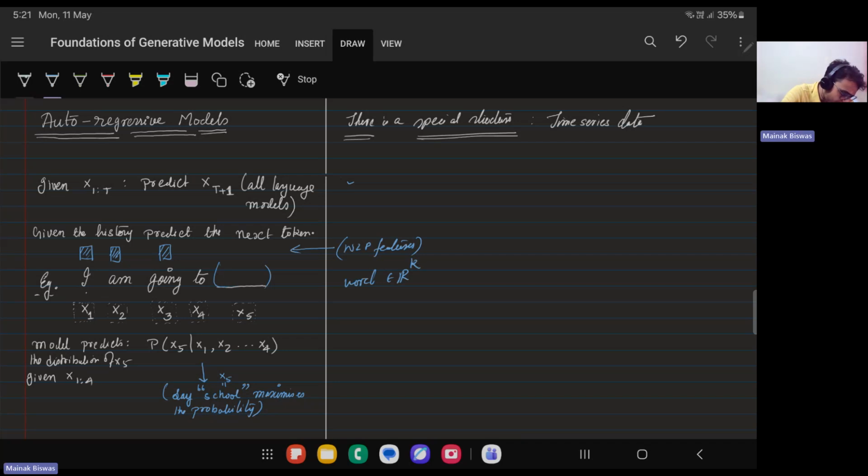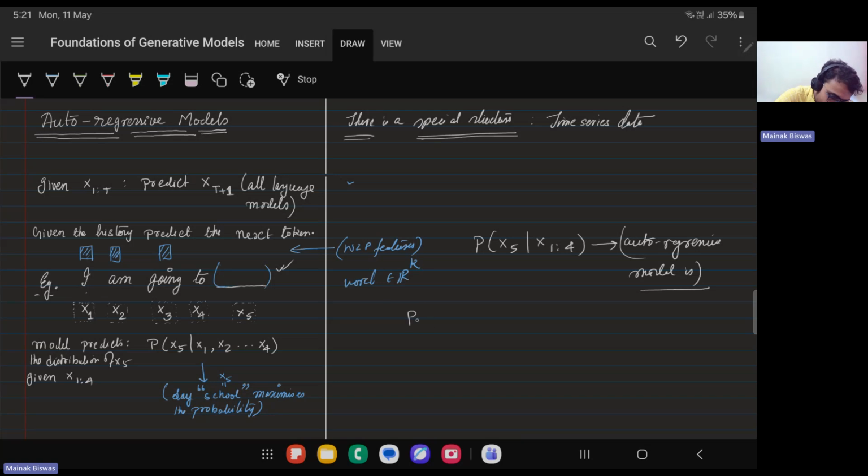What we do is we're trying to predict the next word. We'll say, what is the probability of x5 given x1 to x4? This is all an autoregressive model is. So what does it mean?